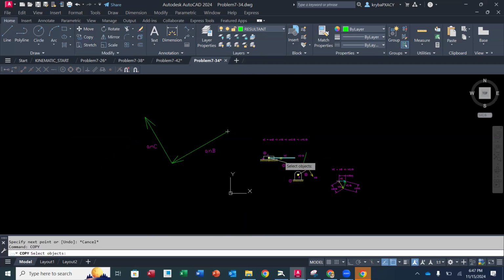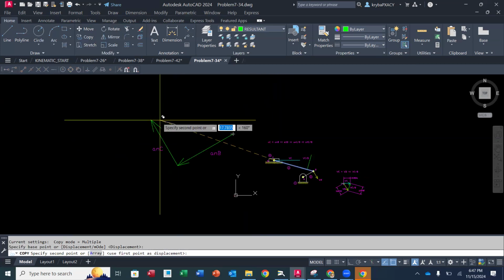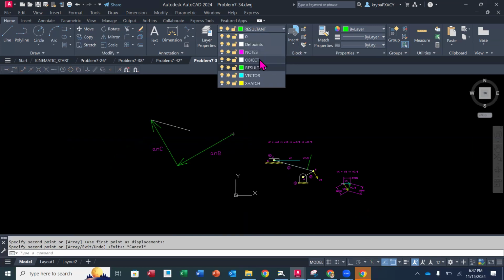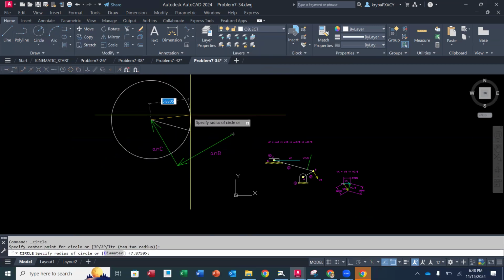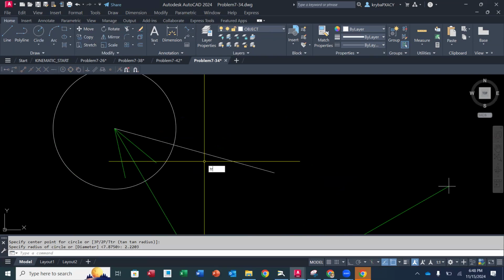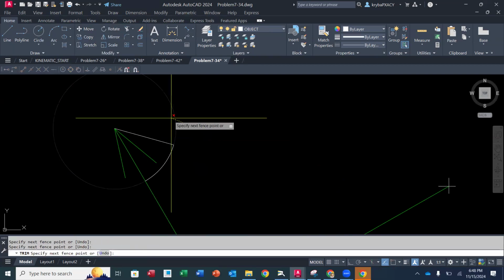So I'm going to copy that line of action for that link, and I know it's going to go from C towards B. And its length is 22.2. So that means that its radius is going to be 2.2203. There we go. So it's a shorter one, but it's not as tiny as some of those other ones. And we can get rid of this.